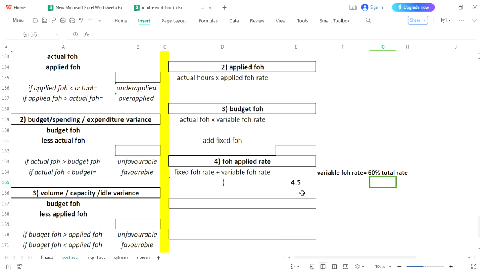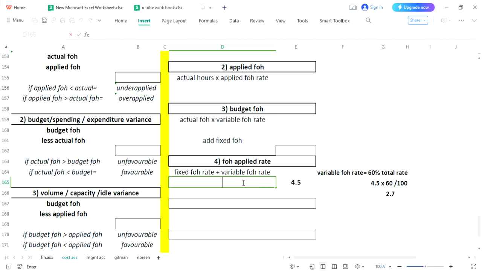How? 4.5 would be multiplied by 60 and divided by 100. In this way you can calculate your variable FH rate. Put it on your calculator: 4.5 multiplied by 60 divided by 100. So 2.7 is variable FH rate. This is what we have calculated.